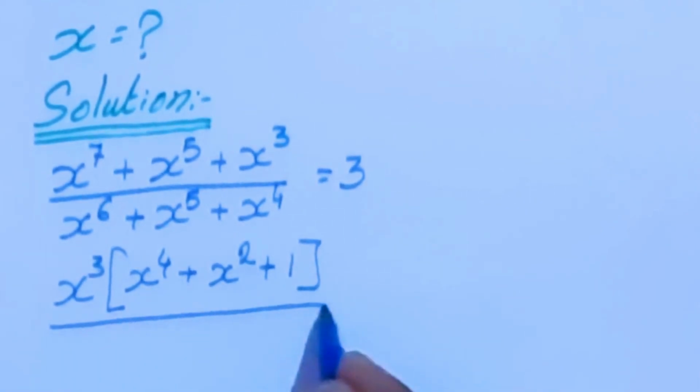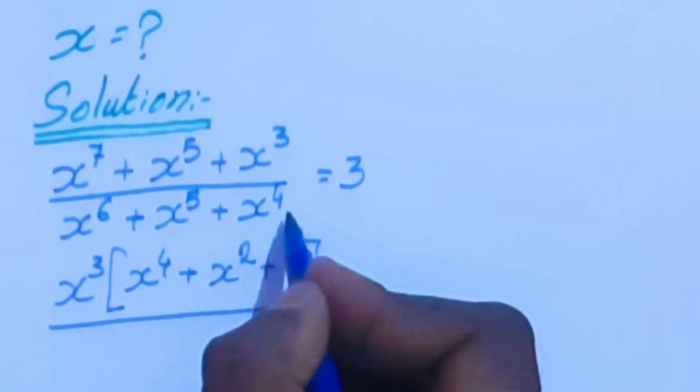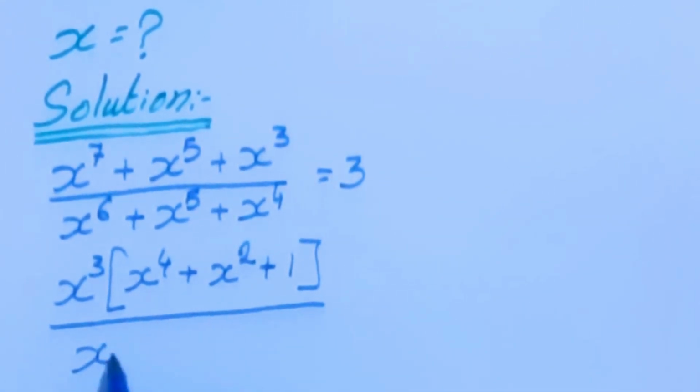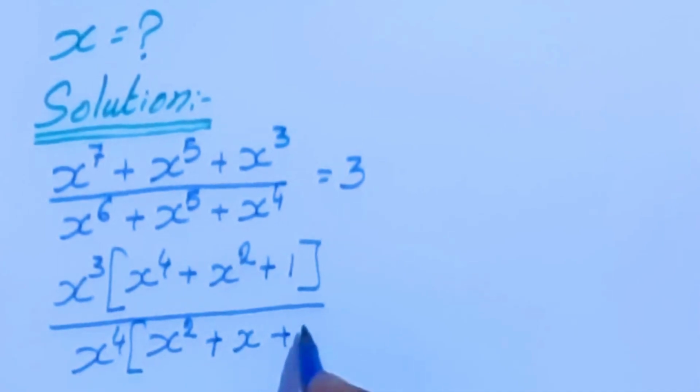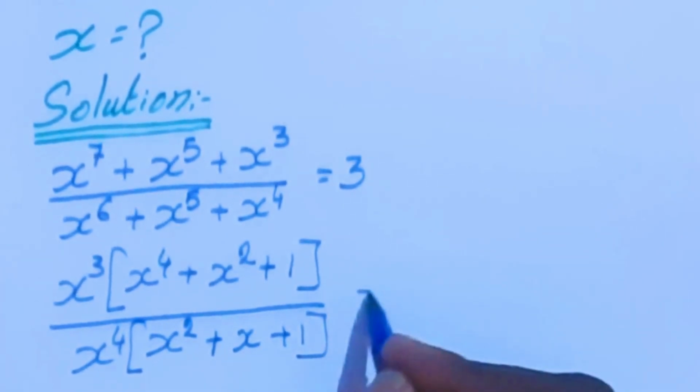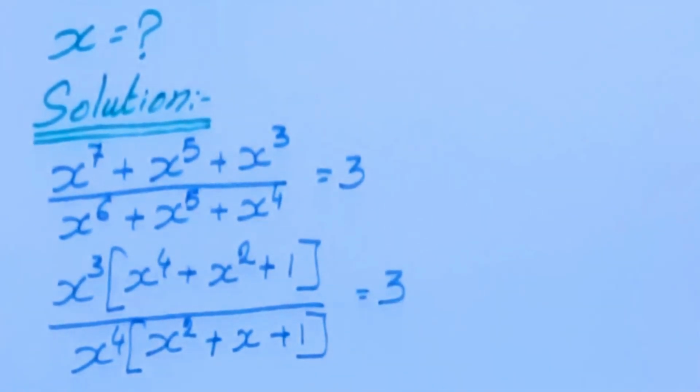Now here we are going to take x^4 common. So x^4 (x^2 + x + 1) = 3.